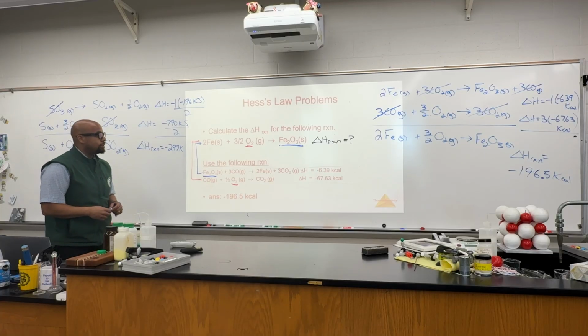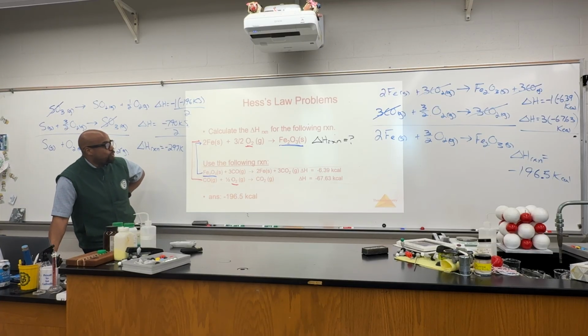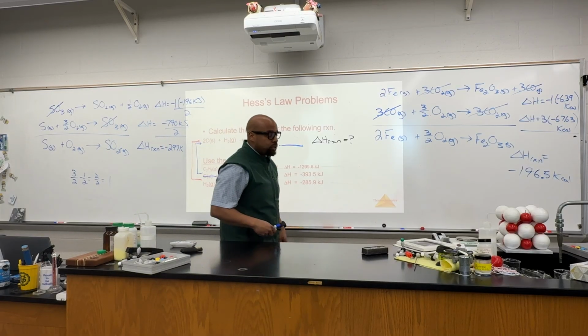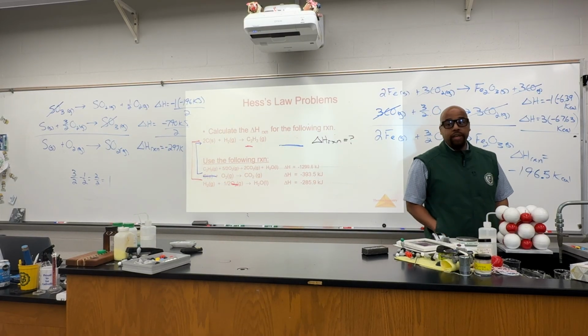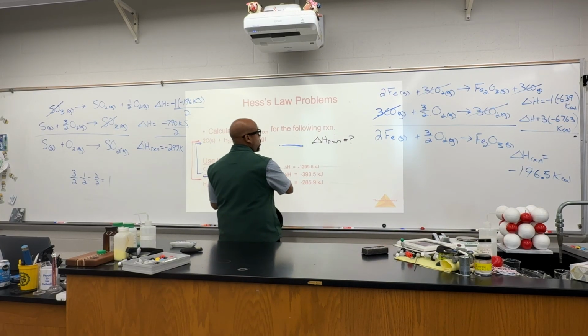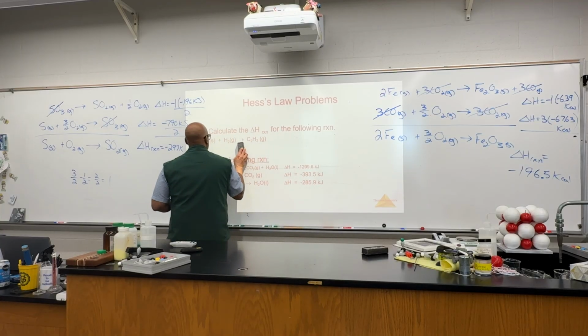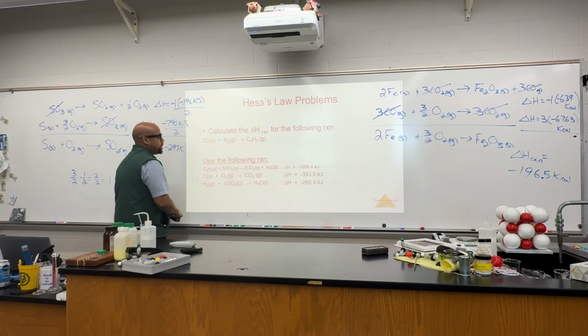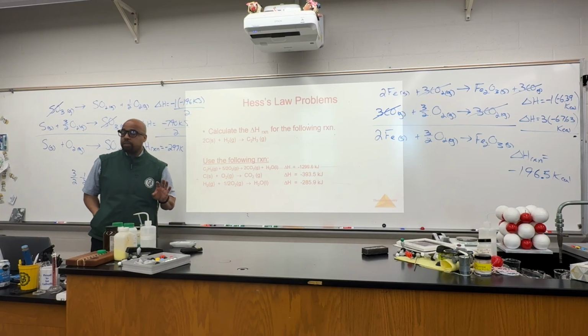What I'm going to have you do is I'm now going to give you this problem right here. This problem has, in Spanish, uno, dos, tres. So you have 3 elementary steps, and you've got to try to manipulate them and figure out what the delta H reaction is going to be for this problem. Remember, take it one step at a time. Figure out the thing that's unique between each elementary step. Things that are on opposite sides subtract out.